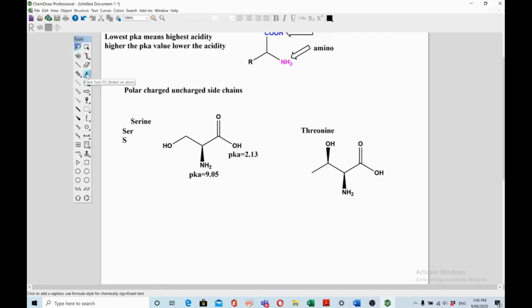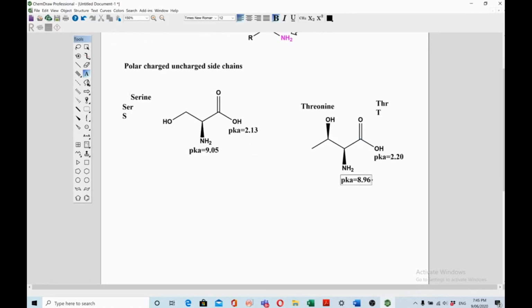It's polar uncharged side chains. Threonine has THR as the 3-letter code and T as the 1-letter code. The pKa for this acid is 2.20. The pKa for the NH2 is 8.96. So acidic and basic.